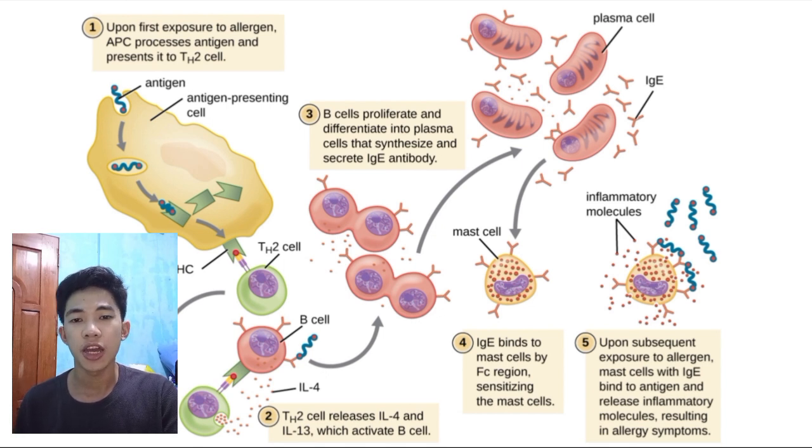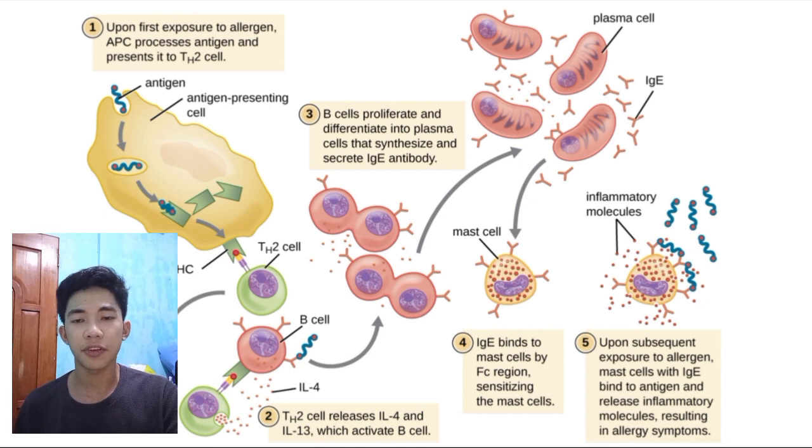So in the first or initial exposure, the IgE would only bind to the mast cell to sensitize it, or to activate it, making it ready for the next exposure. And upon subsequent exposure to allergen, mast cells with IgE bind to antigen and release inflammatory molecules resulting in allergy symptoms.